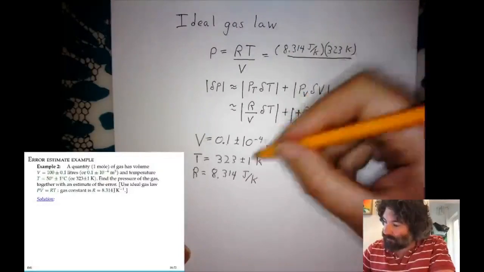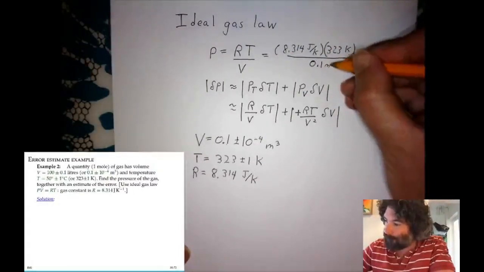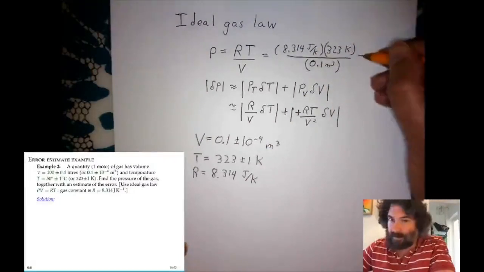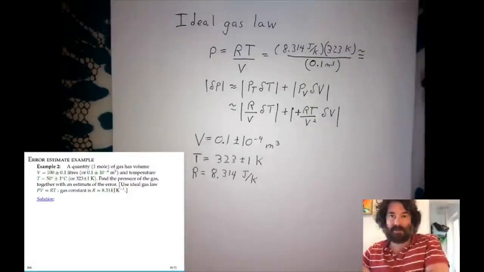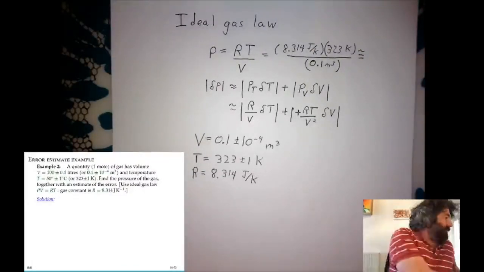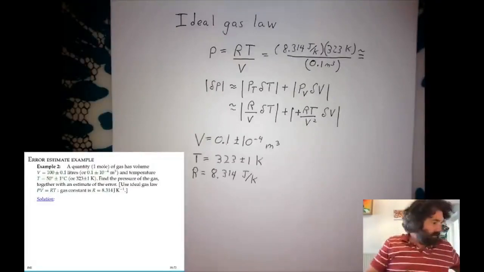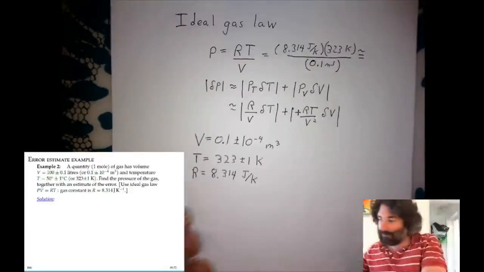And V, the measured value, is 0.1 cubic meter. And so if you work out what that is, put it into the calculator, you get 26.85 kilopascals.